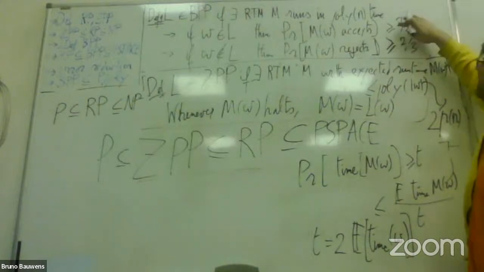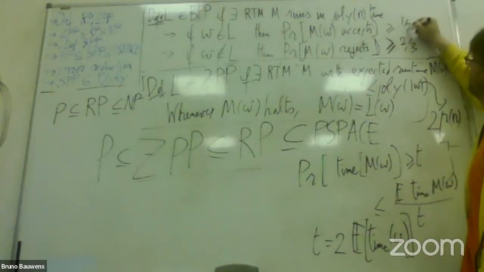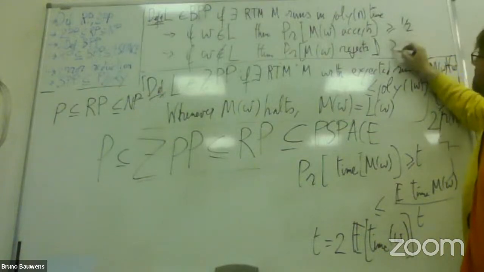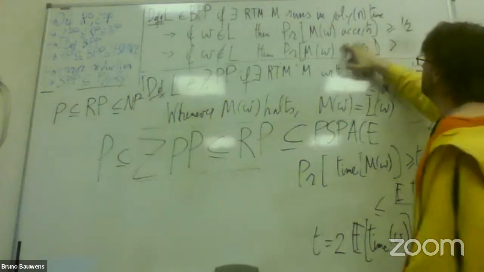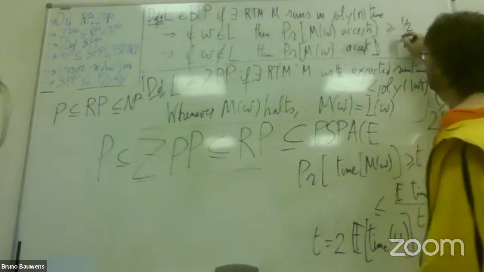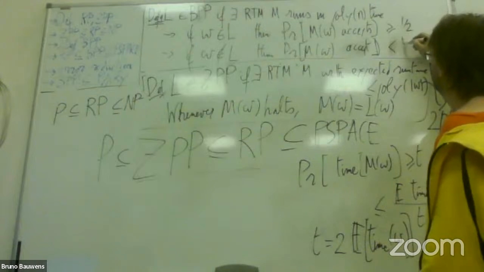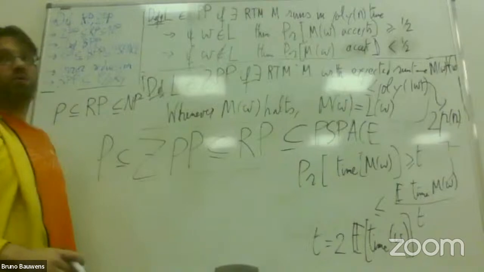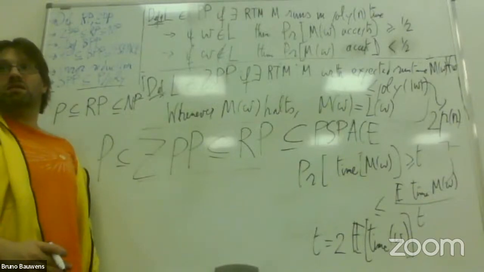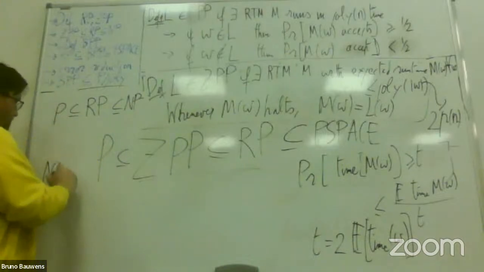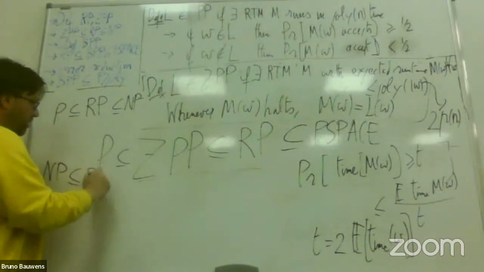Class PP has at least 1/2 here, and strictly less than 1/2 on the other side. It is almost a useless class, and NP is a subset of PP.